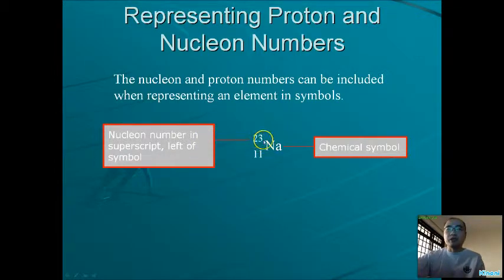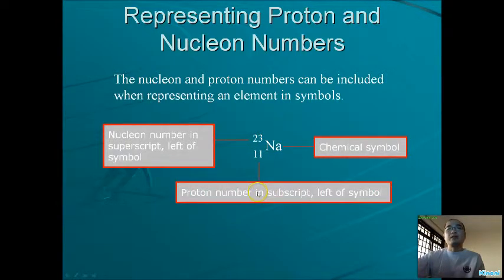So this 23 here means that there are a total of 23 neutrons and protons in the nucleus. And this number 11 represents the proton number. Okay, this proton number will also tell me the number of electrons in the atom. So if I have 11 protons here, I should also have 11 electrons, since this is a neutral atom.